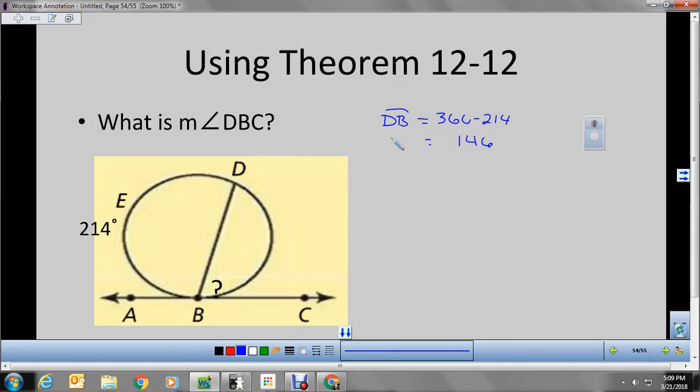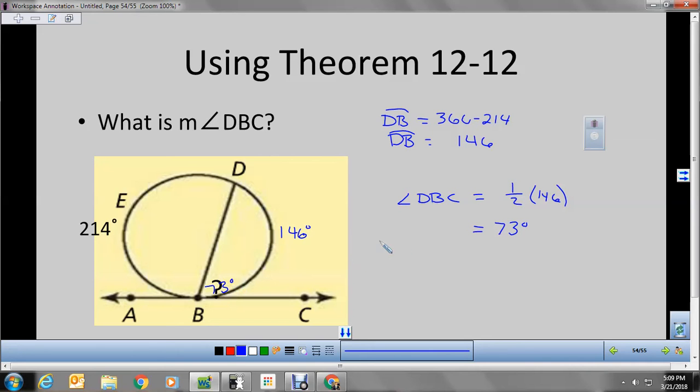So now we can take the measure of DBC, angle DBC is going to be half of 146. And half of 146 is going to be 73. So if this is 146, then this angle down here is 73 degrees.